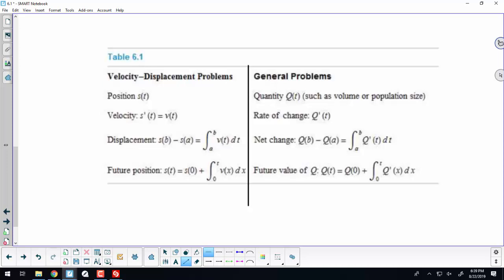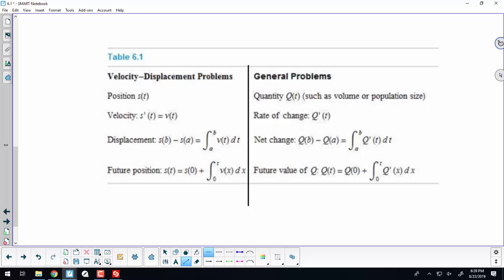So they've paralleled the specific to the generic. Notice instead of displacement, we're calling that net change in whatever quantity you're dealing with. And future value is equivalent to what we just did: here's the derivative of the quantity, the rate of change of the quantity, find the function that describes the quantity at any point in time, referred to as future value.